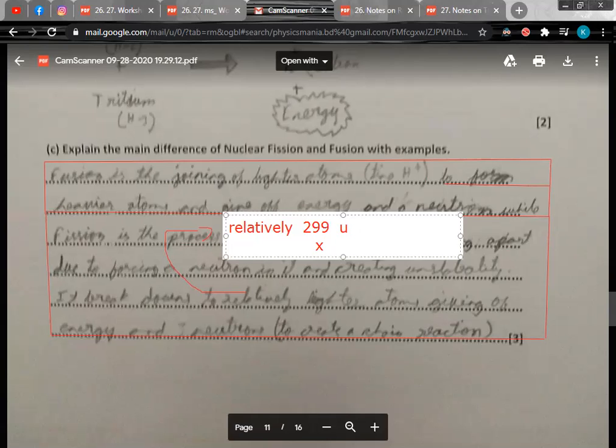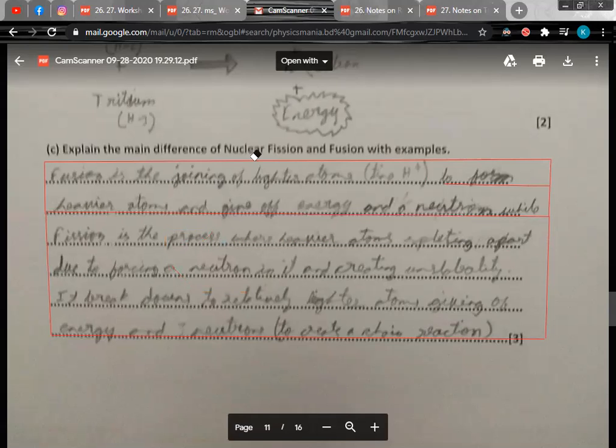So what I meant by relatively was that it would be one atom, like atom A, plus atom B. Okay, sir. Karim, I understood it. No problem. Now you understood that one also.